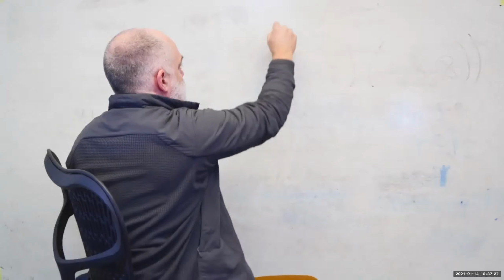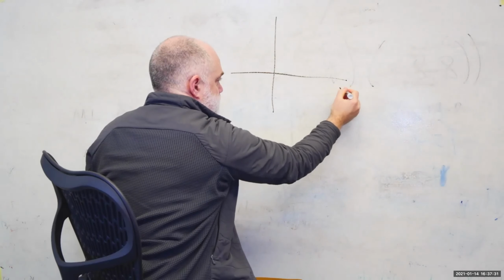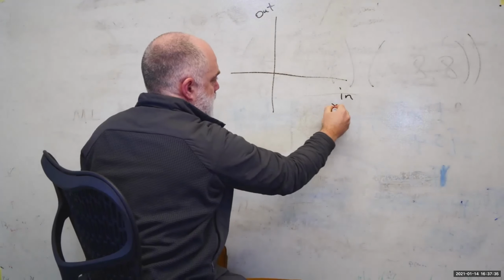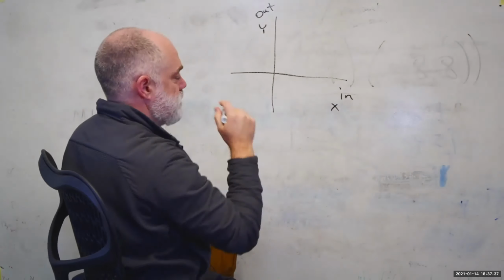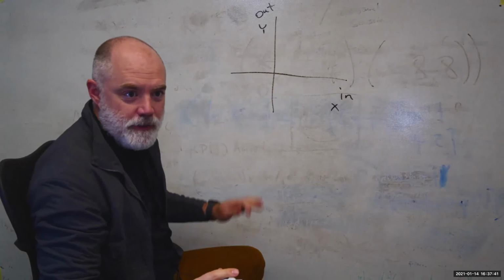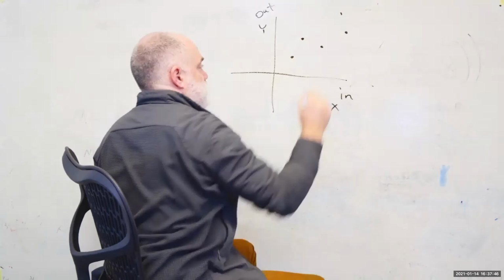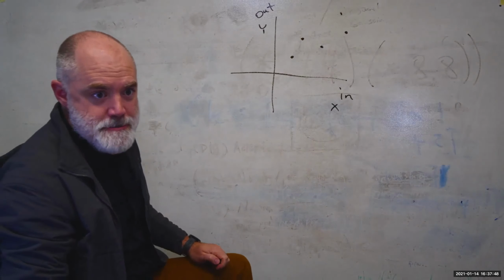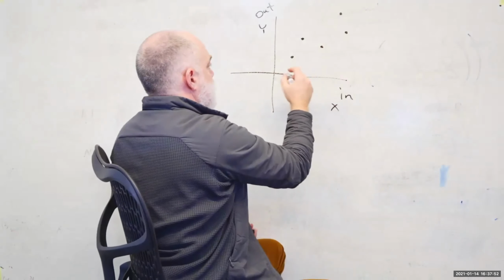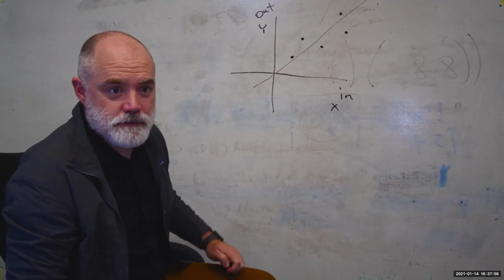So let's take regression, for example. We're going to have our ins here and our outs here, okay? And we'll call this x and we'll call this y just for convenience. And there will be, generally speaking, some provided data set of observations, okay? Let's pretend that we want to fit a line to this data.